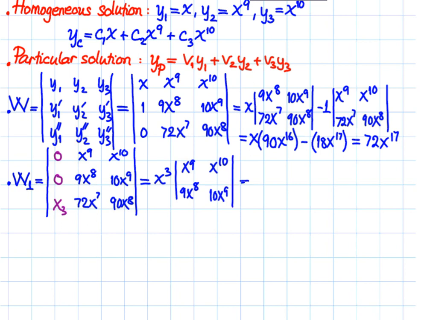Do that, and inside we have x cubed, and then 10 minus 9 times x to the 18, so we have x to the 21st power.